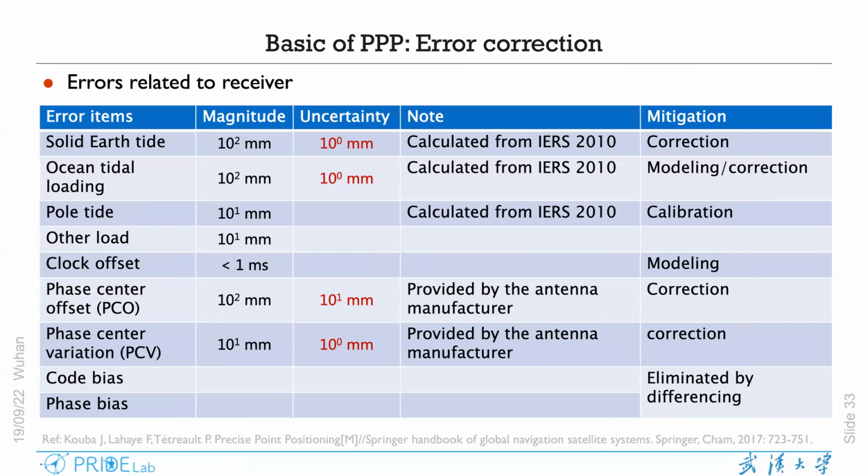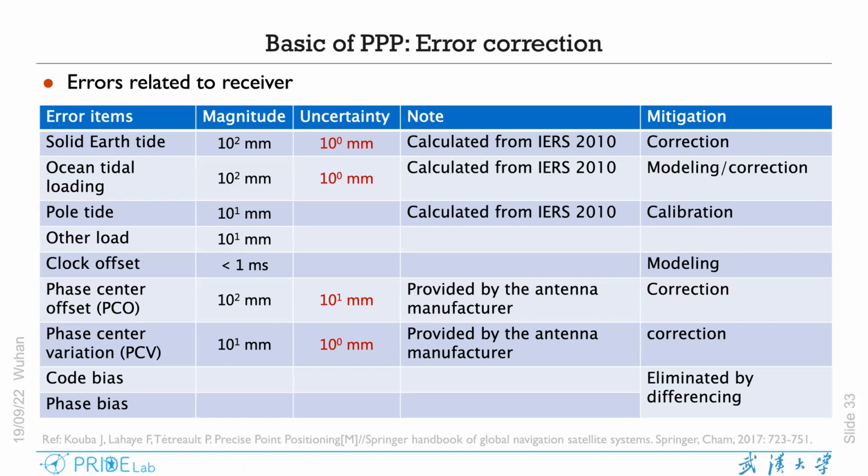And then we have the receiver phase center offsets and the phase center variations as well. This is a similar story to that of the satellite phase center offsets and variations. Because the receiver antennas are on the ground, we can use machines to measure the phase center offset and the variations.